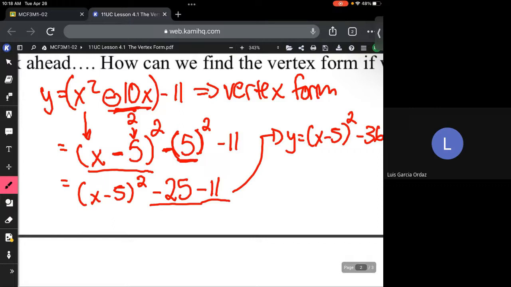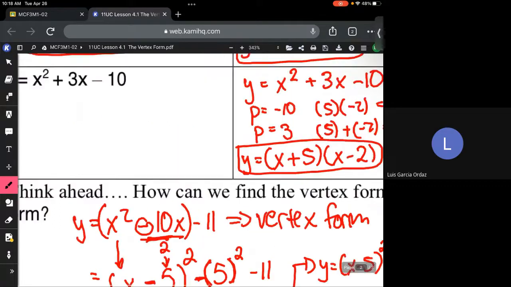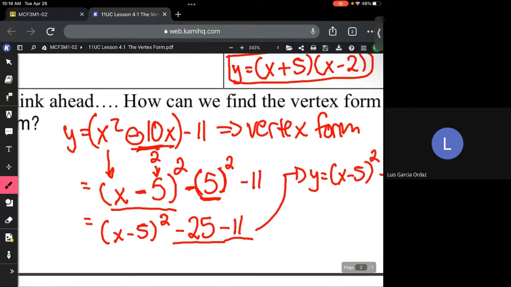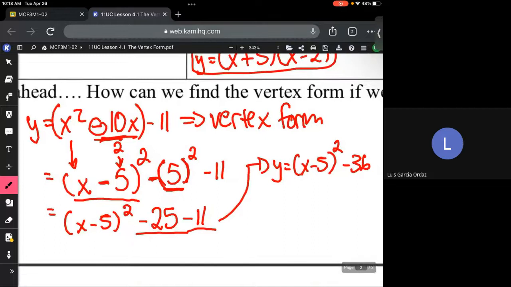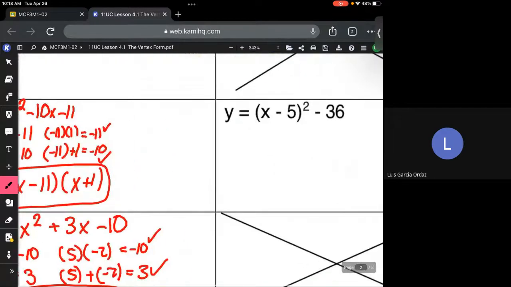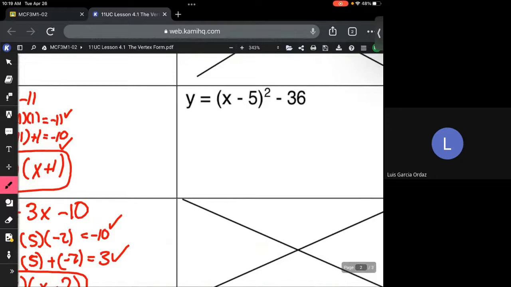The longer way involves this right here. So once you square that, you're going to get negative 25 minus 11, which gives you minus 36. And if we look up here, our vertex form was y is equal to x minus 5 squared minus 36.